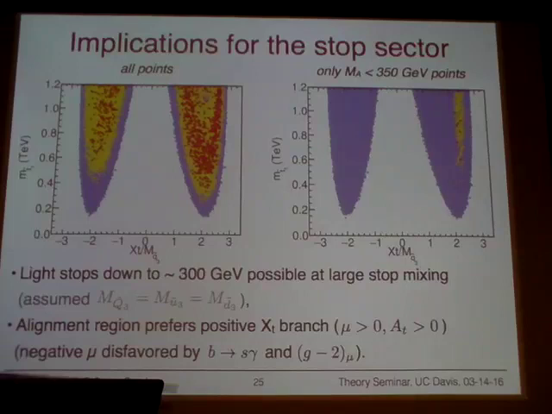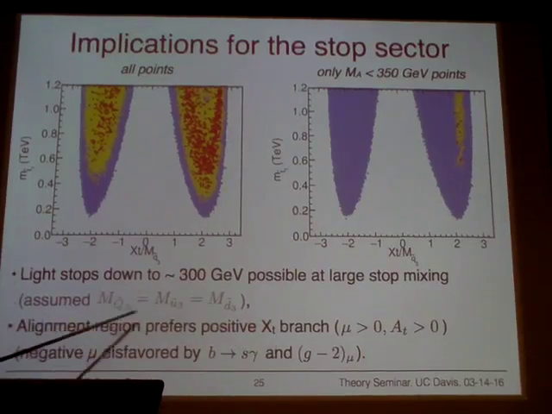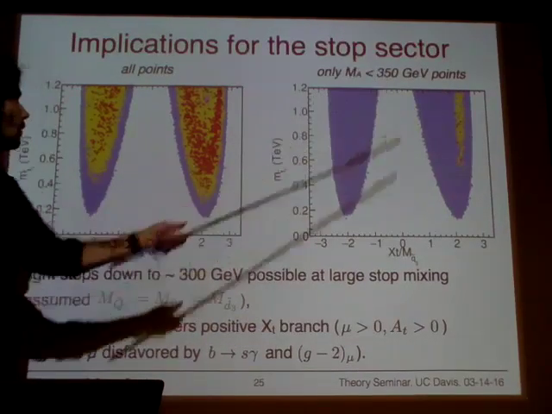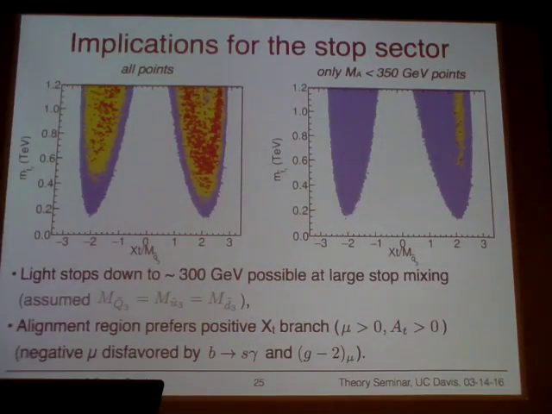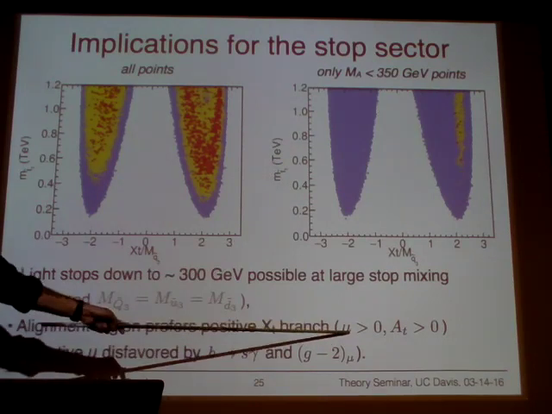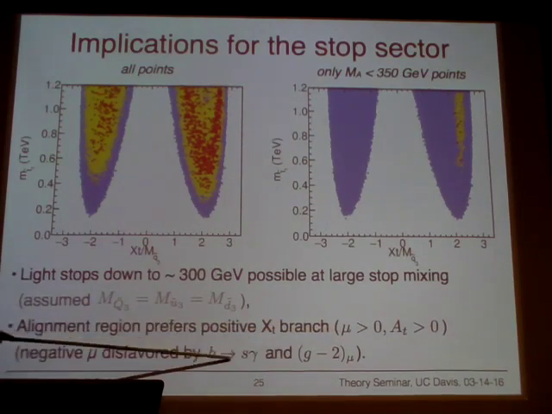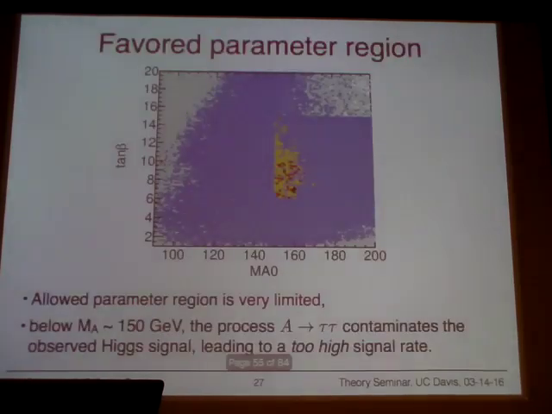So this alignment region here, if we just look at the low MA points, we find it only in this positive XT branch, and this is just because the mu value has to be positive due to these low energy observables, g-2 and b to s gamma.